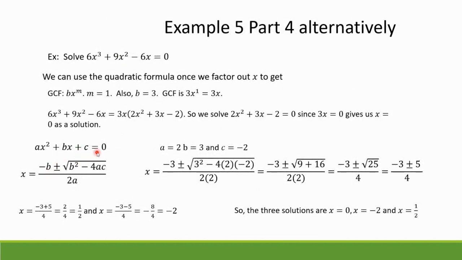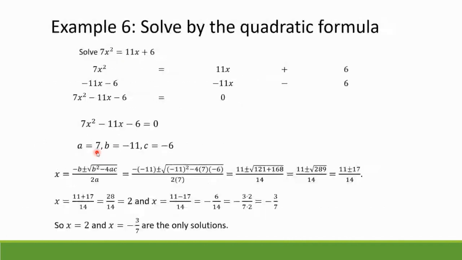That's the form it has to be in. And we don't have that here. No problem. We just get it in that form by subtracting 11x and 6 from both sides. And that's what I'm doing.